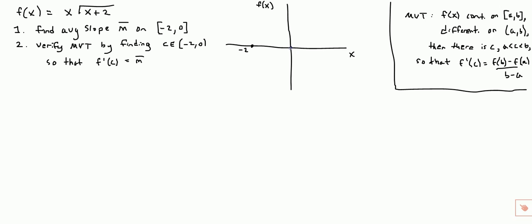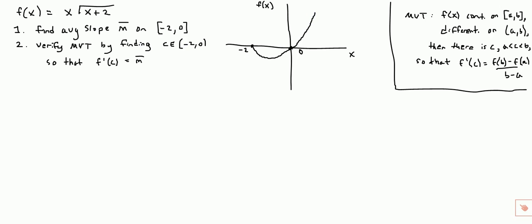So it passes through 0 at those 2 points. And then in between negative 2 and 0, the x will be negative while this square root will be positive. So we'll have a negative times a positive. That means it's going to be negative in here. But then after x passes to the right of 0, this is all going to be positive. So this function looks something like that.